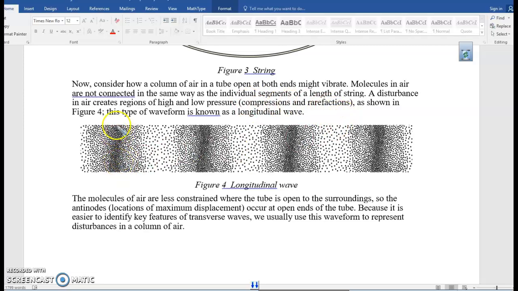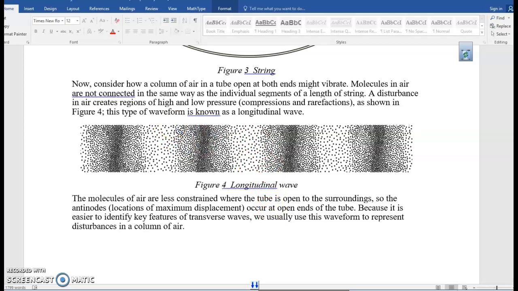So we have this area here where it's condensed or compressed, and this area that isn't so much, because this air is moving like this, transferring that energy, causing a disturbance, areas of high and low pressure, as we can see. So these are transverse waves, and that's how we're going to interpret those.